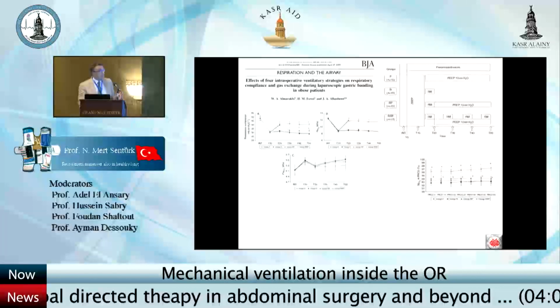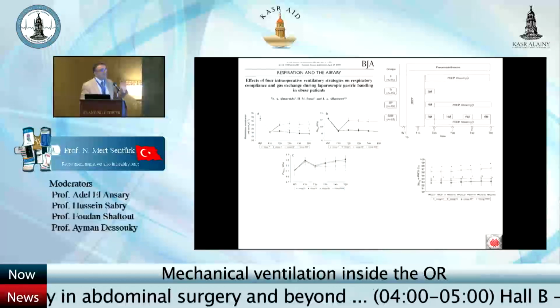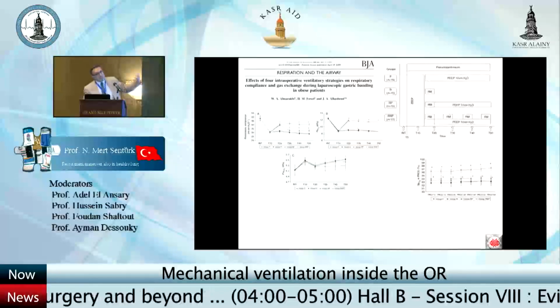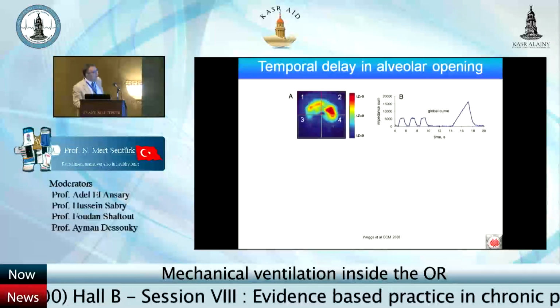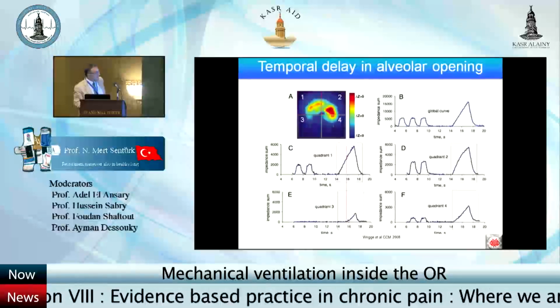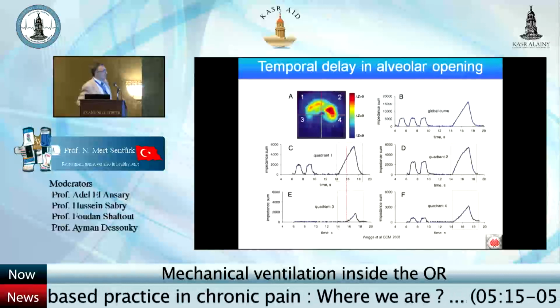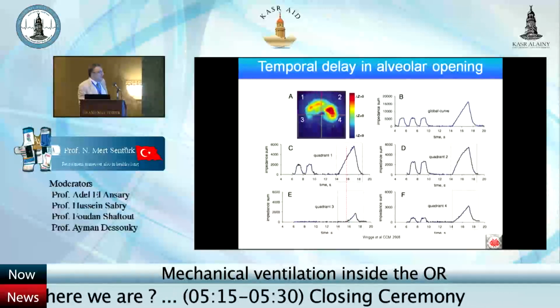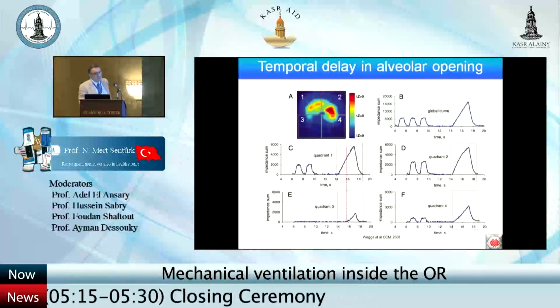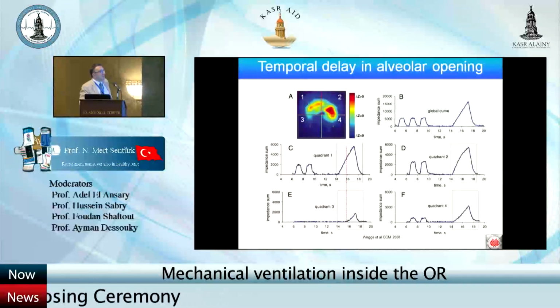And therefore, it's not easy to apply this maneuver with classical types of ventilator. How long do I have to do it? This interesting study from 2008 shows that in some regions of the lung, some 18 seconds can be necessary to have a whole recruitment of all the alveoli.